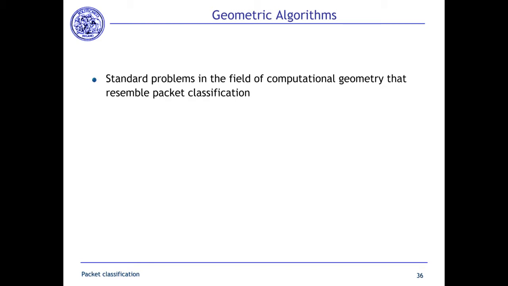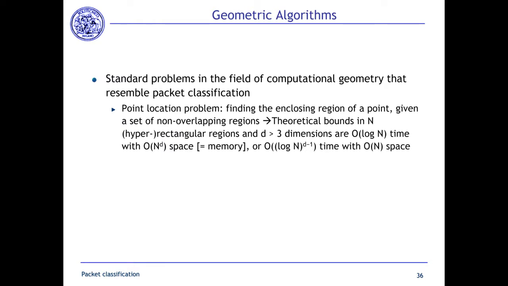This is not an easy problem, actually. The computational geometry theory says that when you have to solve a point location problem, in the simplest case where you have non-overlapping regions, the complexity is a trade-off between time and space.